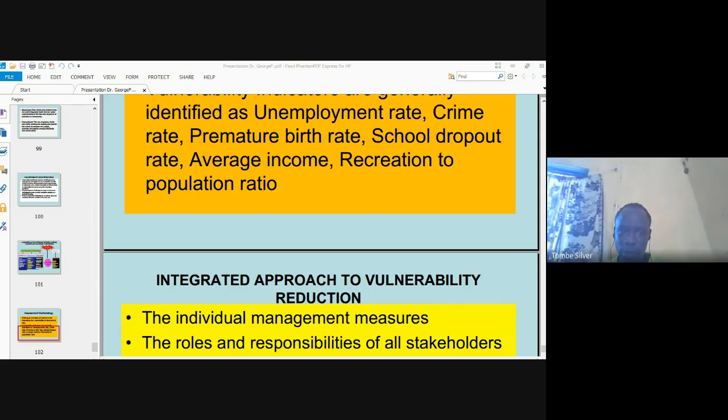Yes, you mentioned the exact point I was trying to come up with, and there is one thing I also wanted to request from you for all of us. You talked of vulnerability indicators and the available tools that are being used for this assessment.